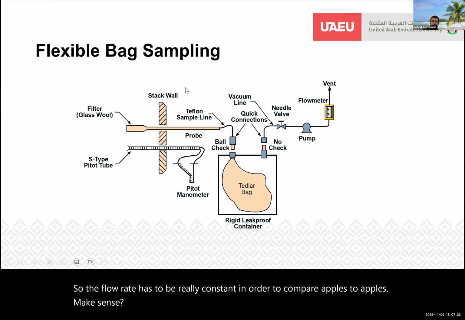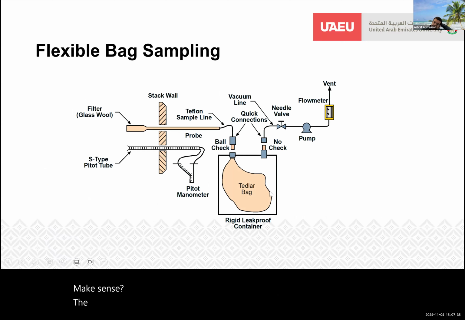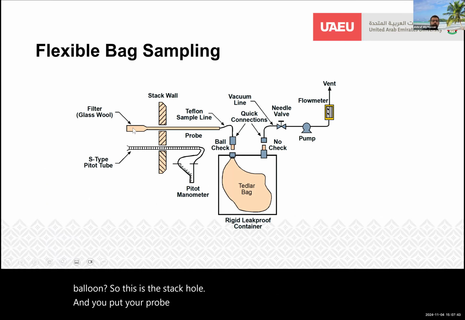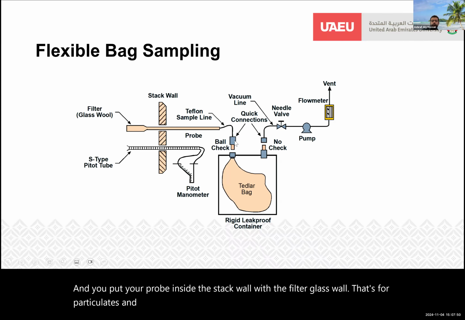The flexible bag sampling, remember I told you the Tedlar bag is like a balloon. So this is the stack wall, and you put your probe inside the stack wall with the filter, glass wool, that's for particulates. And then you connect your bag to the probe. You fill your Tedlar bag.